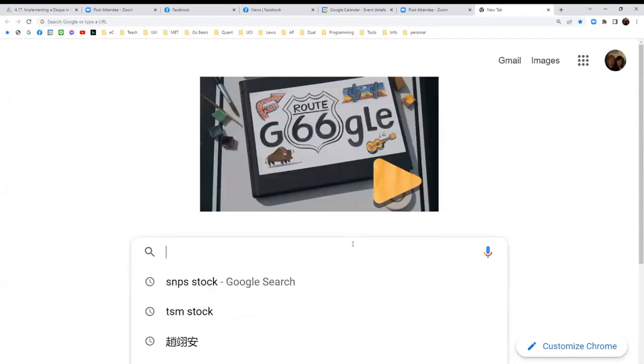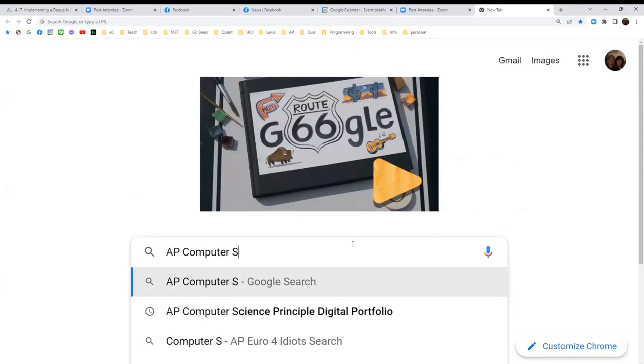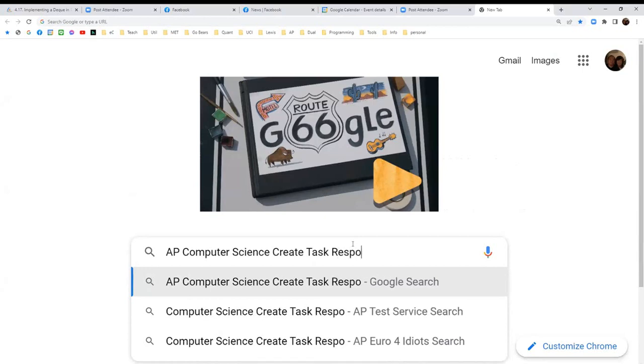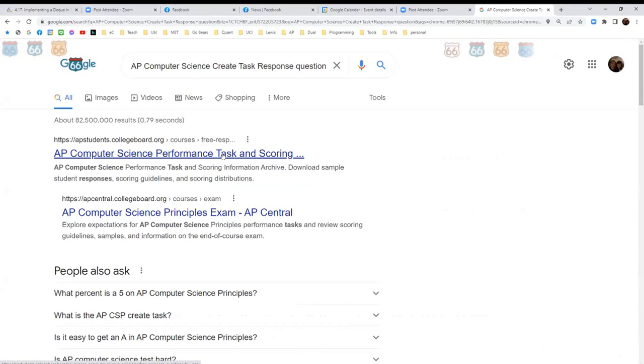Let's go to AP Computer Science. I'll share my Create task response questions with you.